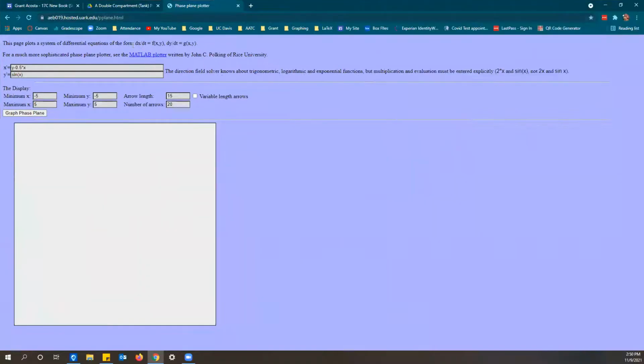Okay. So if we take this equation, which is dx/dt equal to -5 times x plus x times y, and dy/dt is y minus 10 times x times y. All right.